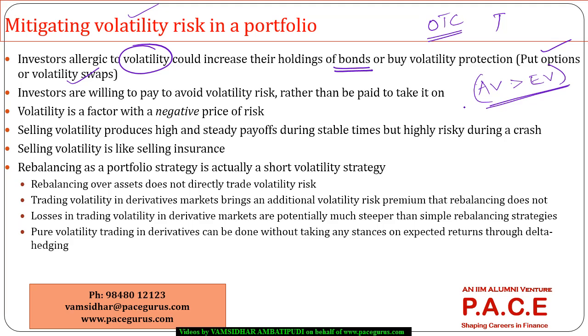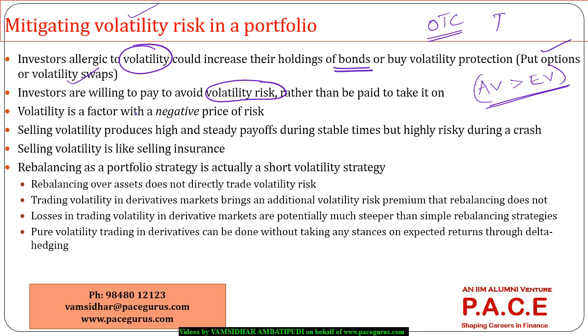Those are the different instruments available in the market which protect investors against volatility risk. So we see that volatility risk is something investors consider very seriously. They don't mind paying a premium for that rather than bearing the volatility risk when it is occurring. To a large extent, they don't mind investing in put options.